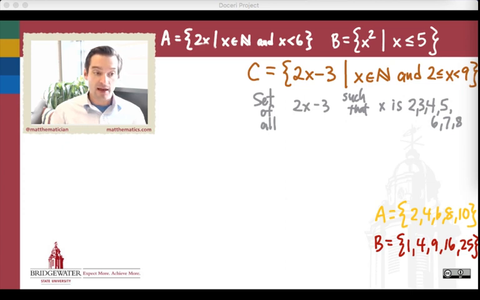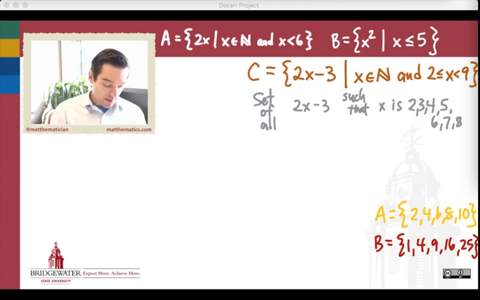So again, this part of my set builder notation tells me about the x's, and the thing on the other side of the line tells me what to do with those x's to determine the elements in my set. So all I have to do is multiply each of these by 2 and then subtract 3.